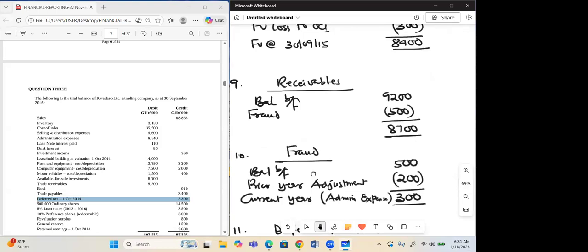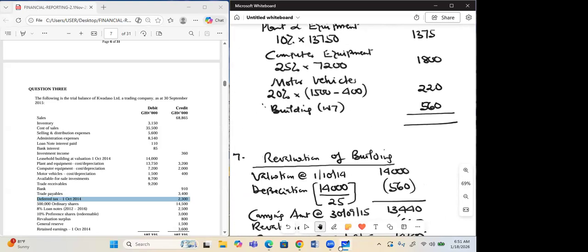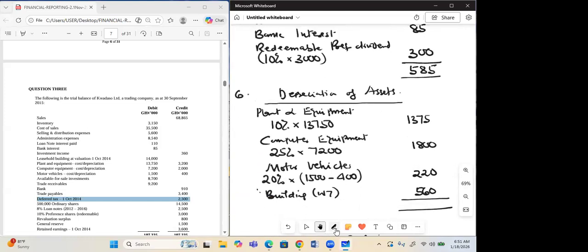Now the depreciation, since we've gotten cost of sales already, we have to charge the depreciation to admin expense. So please sum the depreciation for me. 3955.